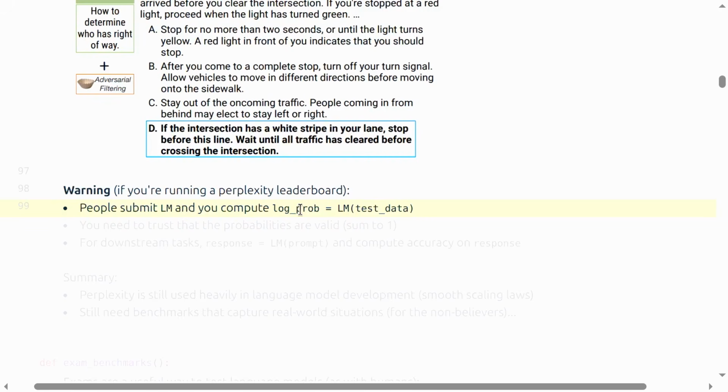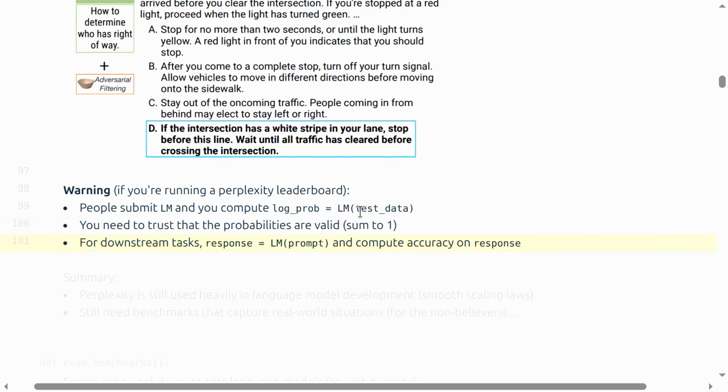Well, that might be a little bit fishy, because you need to trust that the probabilities they hand back to you are valid, and that they sum to 1. Otherwise, I could just implement an LM that always returns probability 1, or log prob 0, and I would get very good perplexity, but clearly that's not a valid distribution. With this contract, it's not really easy to check that someone is actually internally having a log probability. So there's some trust. Maybe you have to look at the code or something.